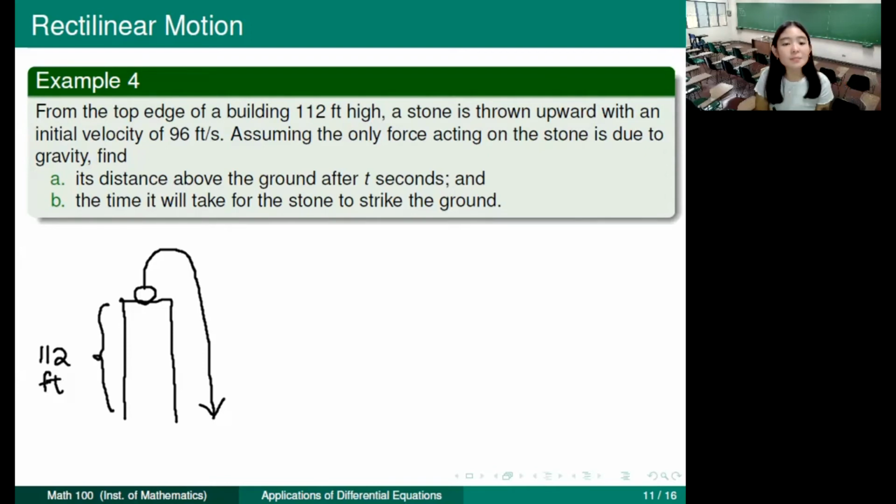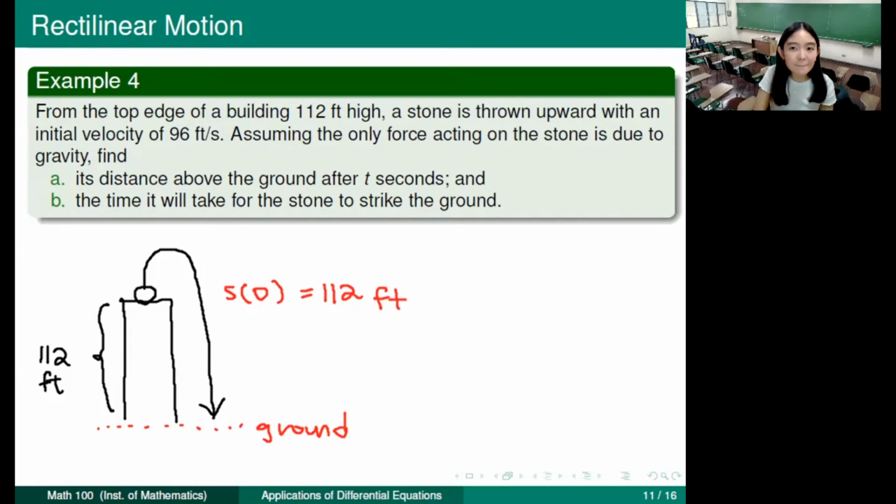112 feet. Now, it's important to establish what your reference point is. Because if you define different reference points, you will also be getting different position functions. For example, if I chose as my reference point the ground, the stone being thrown from the top of the building means that its initial position is in fact 112 feet from the ground.